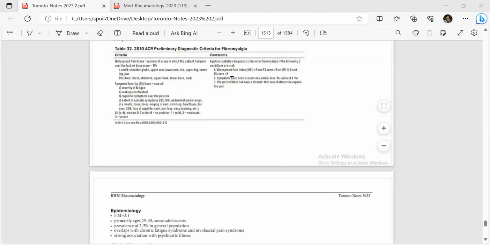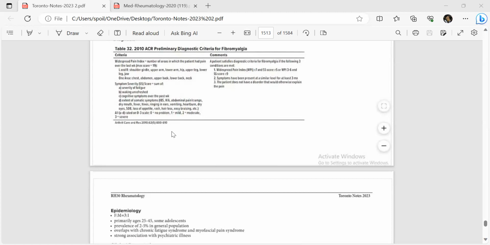Symptoms have been present at a similar level for at least 3 months, and the patient does not have any other disorder that could otherwise explain the pain. Symptom severity is the severity of fatigue, waking unrefreshed, and cognitive symptoms over the past week.